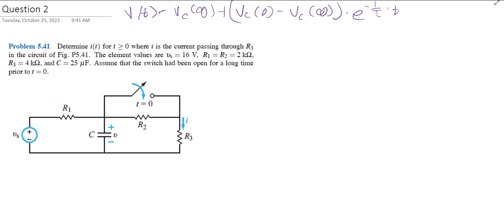So to find vc at 0, we're going to draw what the circuit looks like at 0 minus. So before the switch was closed, it looks like this.